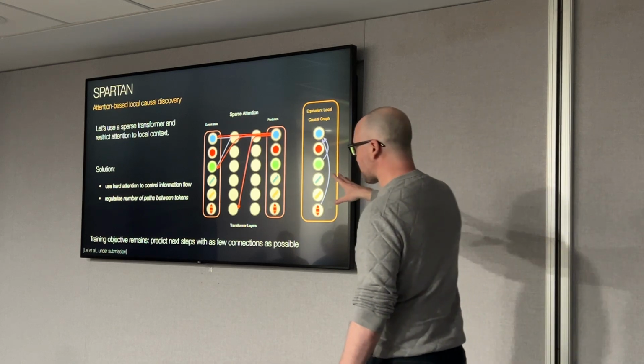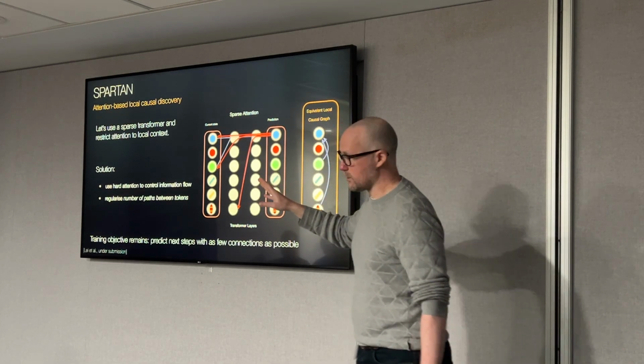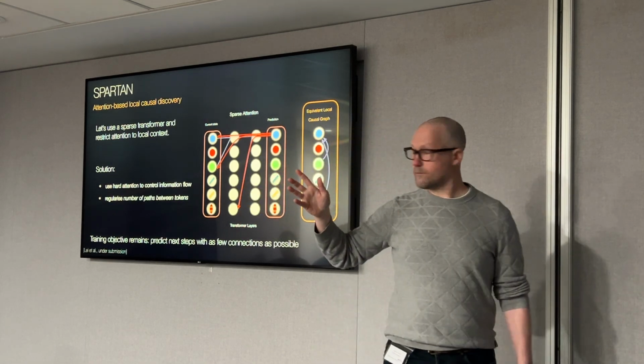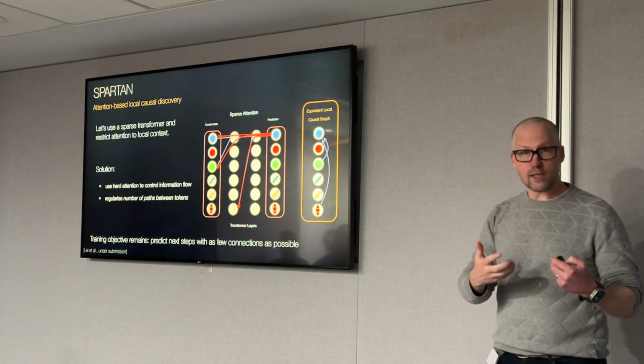So instead, Anton had a really cool idea. Actually, two really cool ideas. The first one is we can, instead of using soft attention, use hard attention, which effectively operates as our causal links.